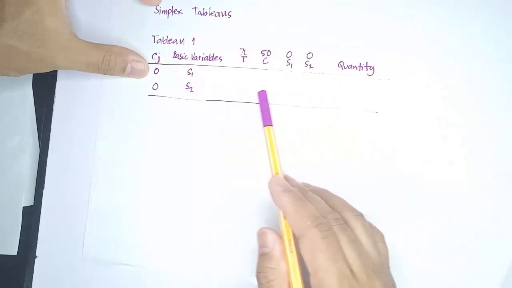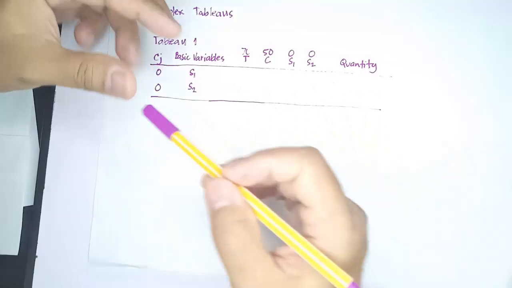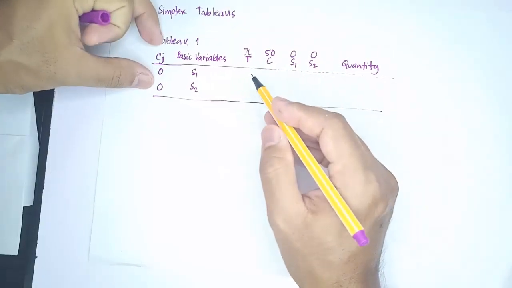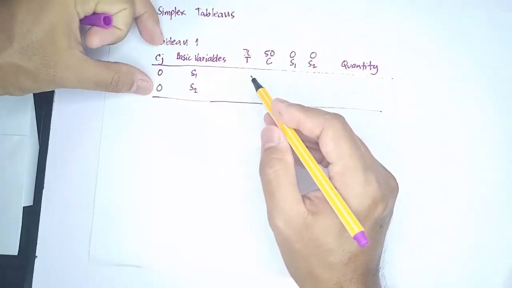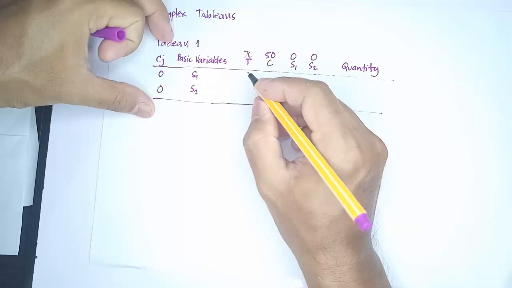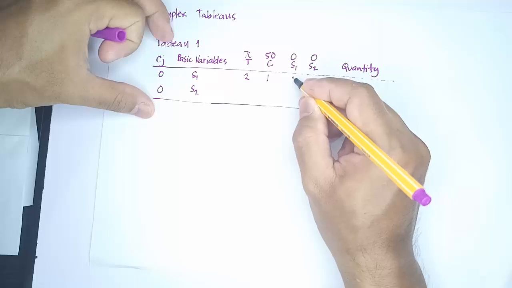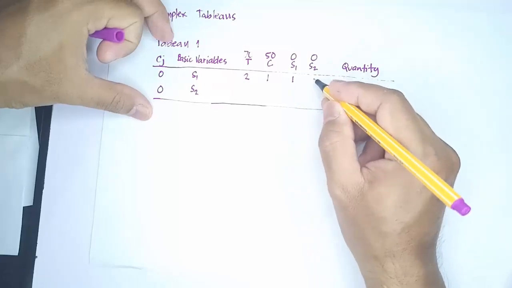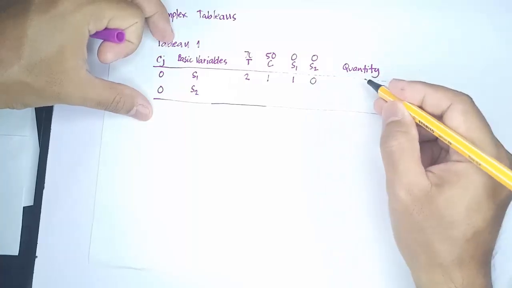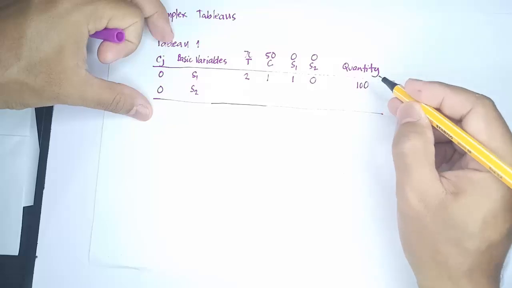On each of these rows, we're going to enter the coefficients and constants of the variables on each of the constraints. For instance, in row 1, we're going to enter the coefficients of constraint 1 representing the painting constraint. So, constraint 1 is 2T plus 1C plus S1, while slack variable 2 is not present on this constraint, therefore its coefficient is equal to 0, and the quantity or the right hand side is equal to 100.